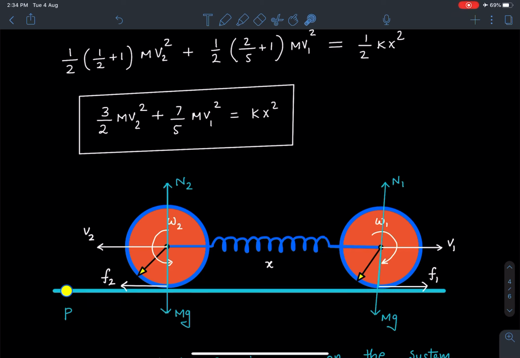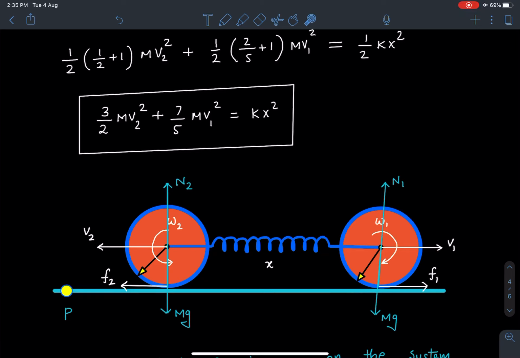This friction F1 also, line of action is passing through this. So these are not going to provide any torque, and this spring force is internal force. Internal forces can never produce torque about any point. N2 is equal to mg, and here N1 is also equal to mg. They are cancelling out. So about point P, net torque on the system is 0, and if net torque is 0, in order to find relation between v1 and v2, I can use conservation of angular momentum.